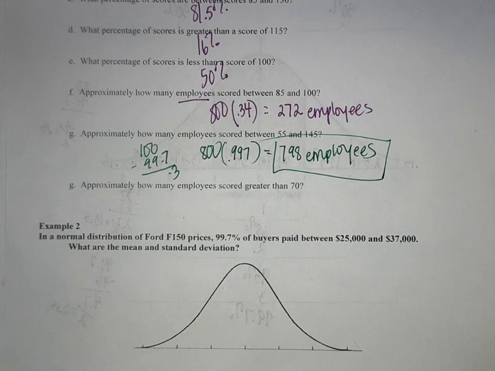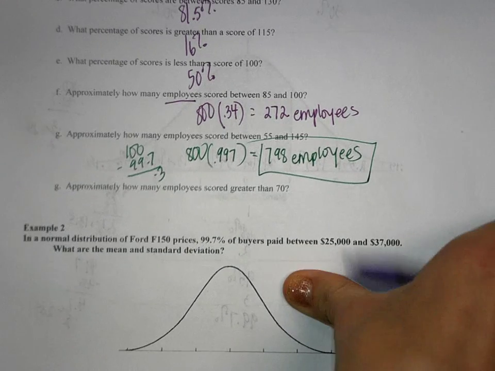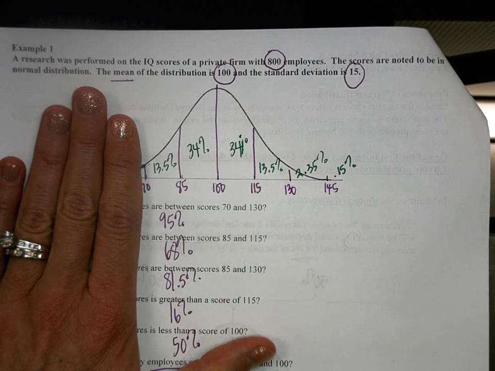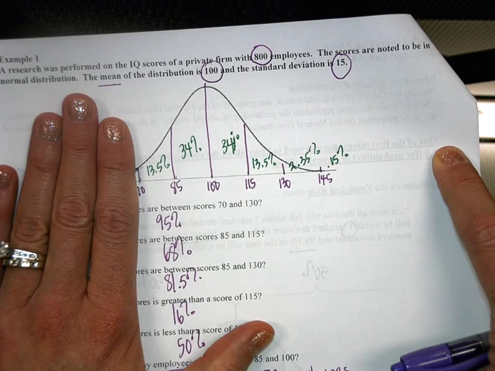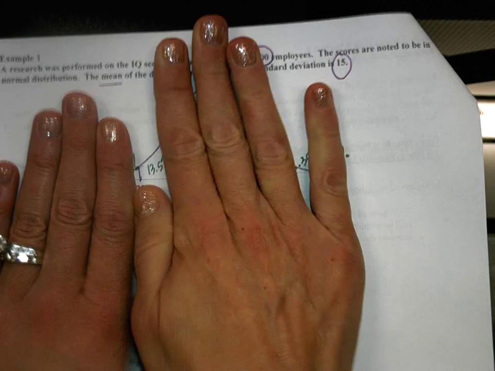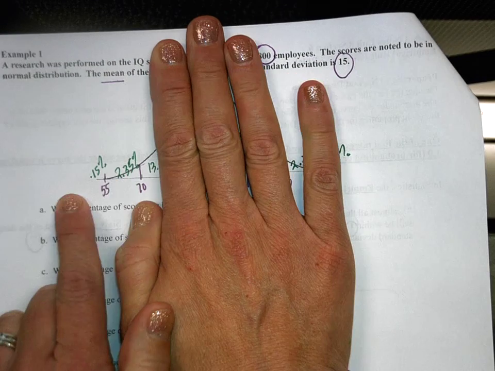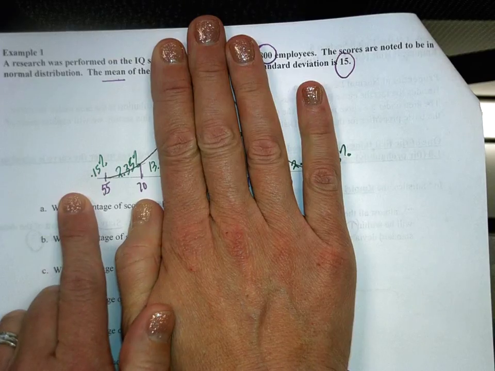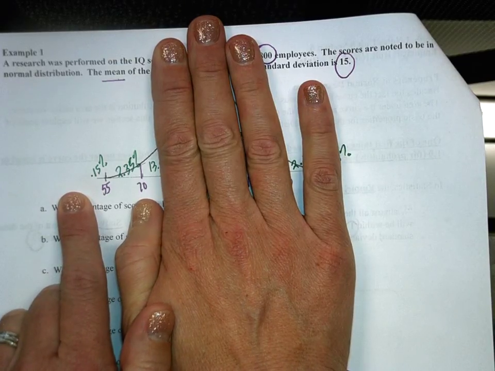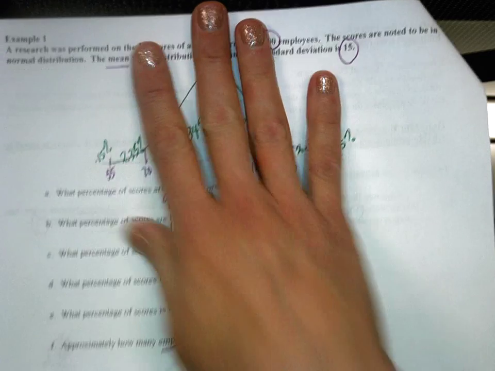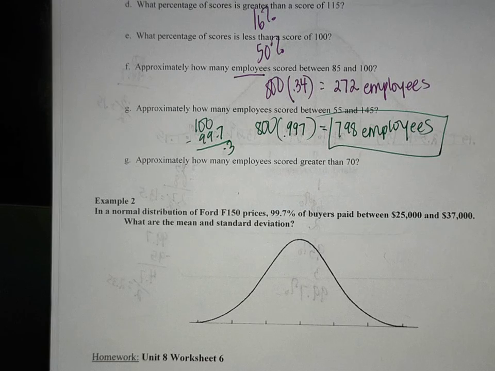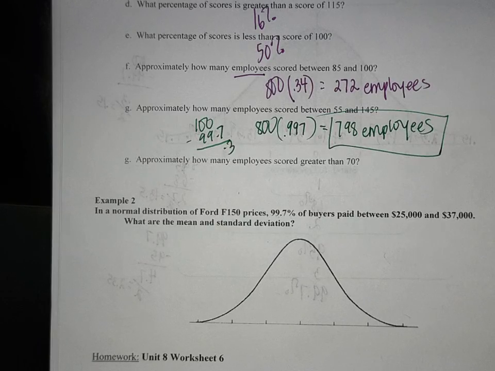Okay, so it says greater than 70. So if you go here, greater than 70 is all these numbers. Now, you can add all those numbers if you want to, or I could add these two numbers and subtract it from 100. It's kind of up to you on what makes more sense and the kind of work you do. I like to do the least amount of work as possible, and so I would add those 2 decimal places.